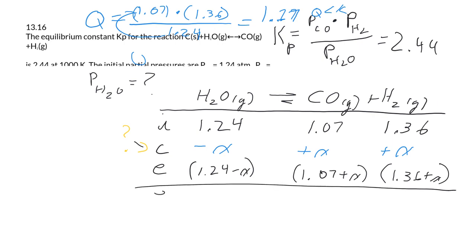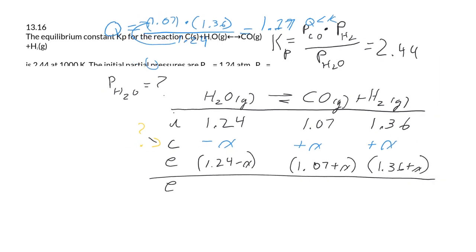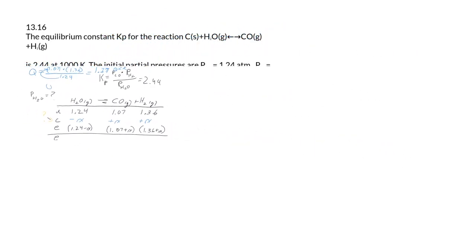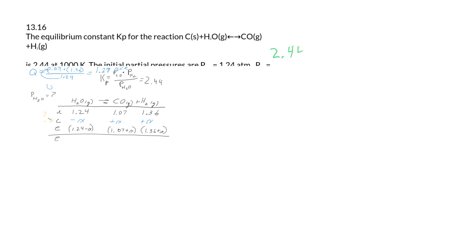And now we get to have some fun with algebra. So we've got 2.44 equal to 1.07 plus X times 1.36 plus X divided by 1.24 minus X. All right, and let's continue here.